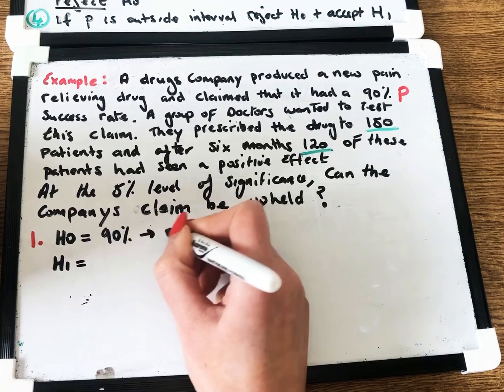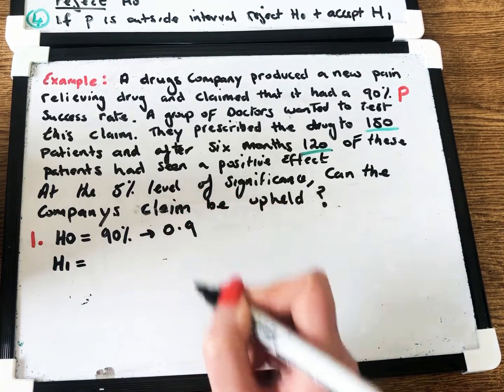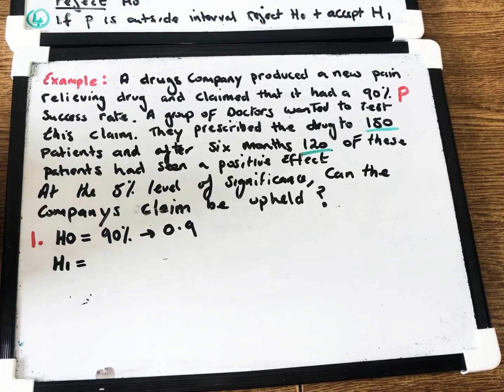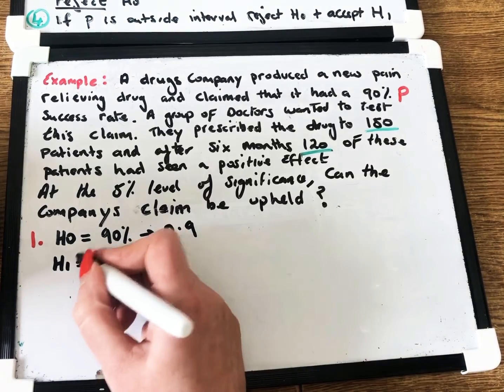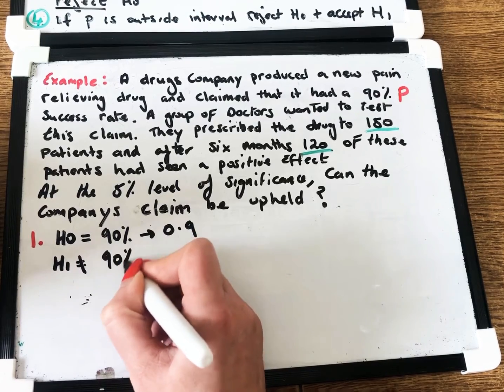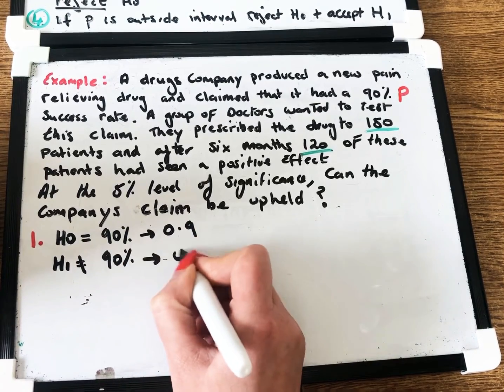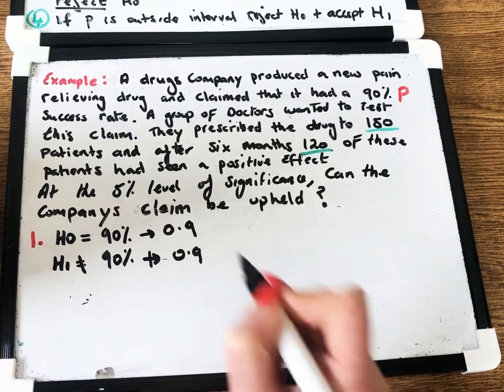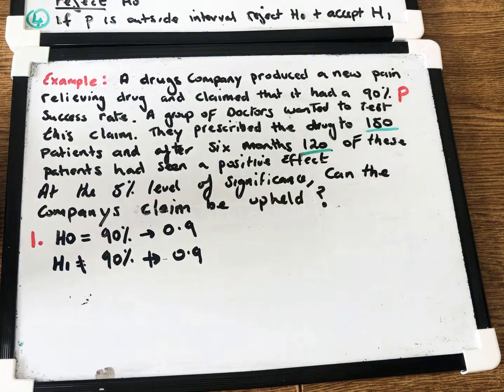We can also write this as 0.9 in terms of decimal if you want. And then the alternative is the opposite. We're saying that the success rate was not 90%. It's a different percentage, as long as it's not 90. So let's change this and say not equal to 90%, or also not equal to 0.9 there. So that's the first step done.